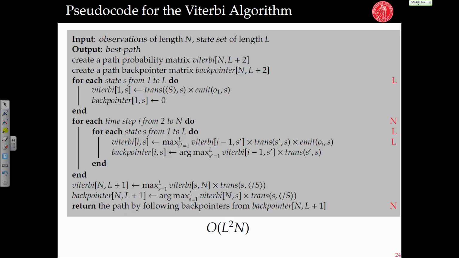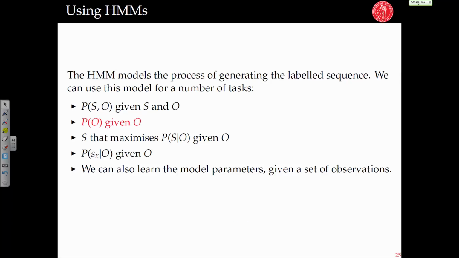Okay, so that was how we find S, the state sequence that maximizes the probability of S given O. Another task that we might want to do with HMMs, which we also explained before, is computing the probability of an observation sequence O, what we refer to as language modeling.